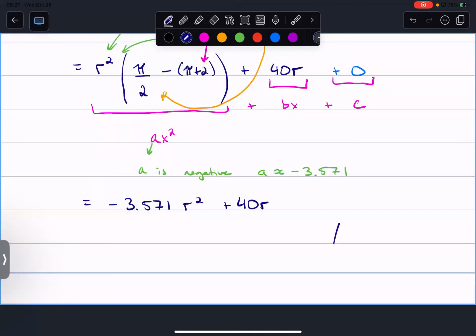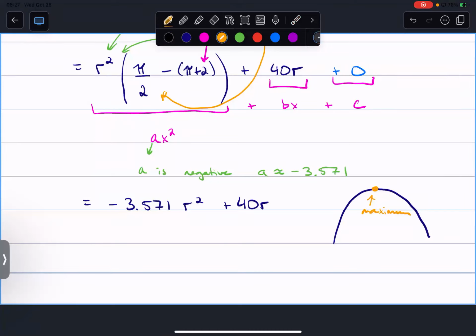So now it makes sense that we want to maximize the area, right? This is the maximum. Has to be pointing down for us to be able to maximize it, right? And it has to be pointing up in order for us to minimize it. So that's why I had the little moment where I thought, no, it has to be negative because it has to be facing down, right?